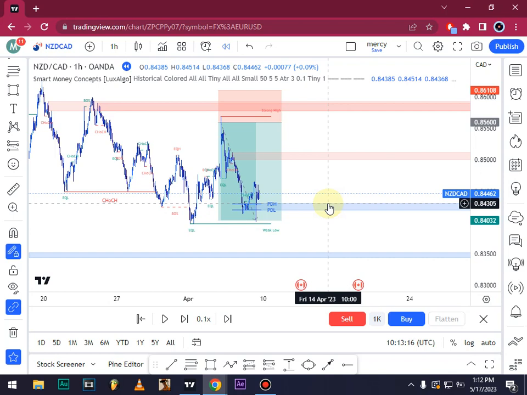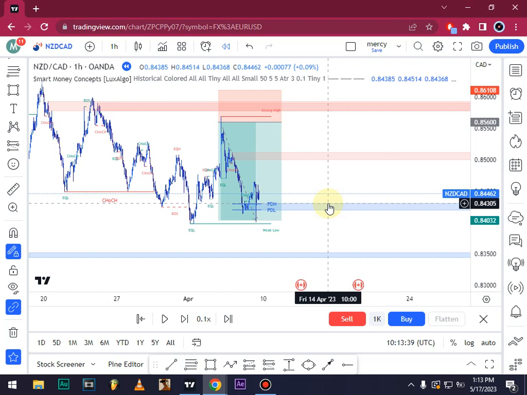So that means if that zone is not strong anymore, get out, guys. Even if it's 2 pip, 1 pip, 0 point something pip, the moment it is broken, even with just a wick, and then price bounces back in your direction, get out. That zone is not strong enough. All right, just get out.